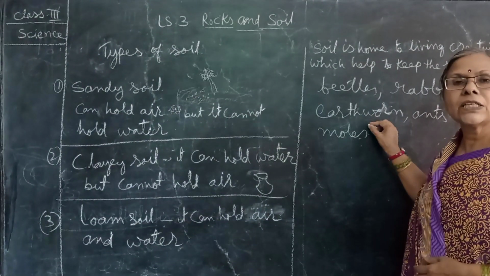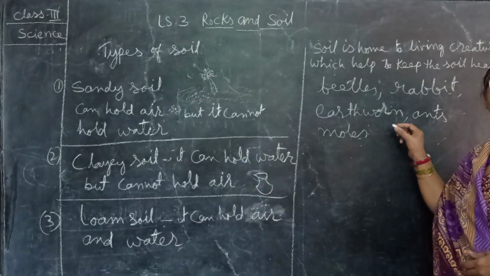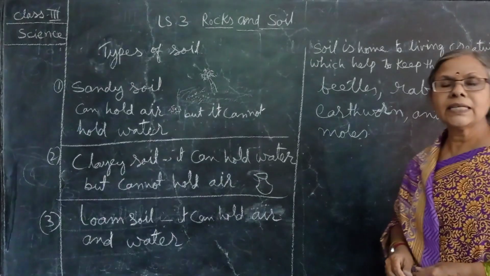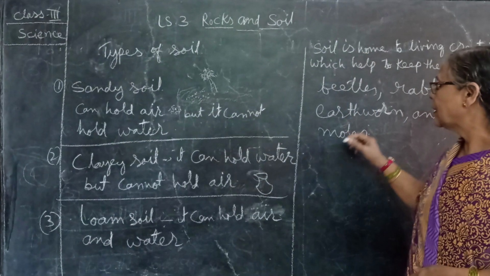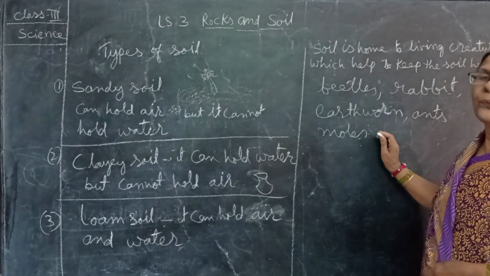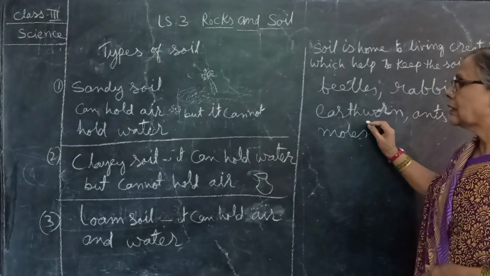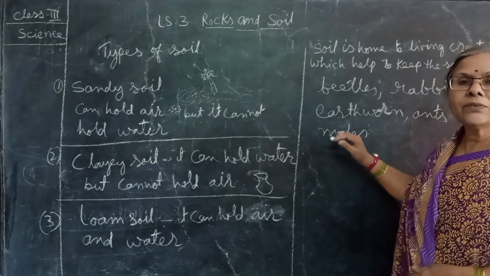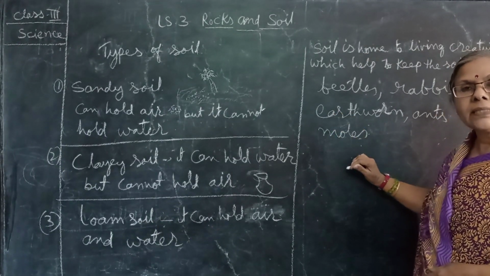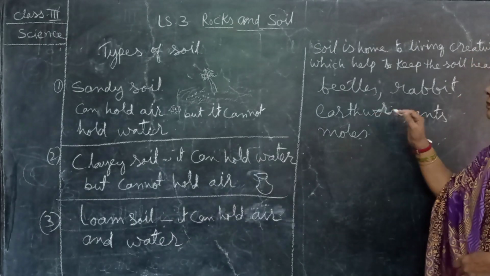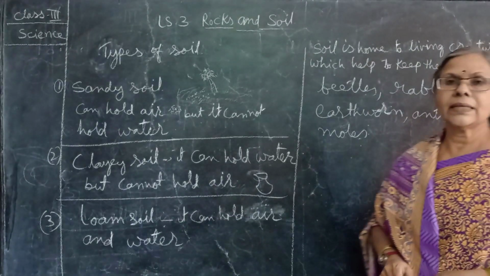These creatures also can breathe air. So all living things need air to breathe in. When they make way, air can enter into the soil. The creatures living in this soil can breathe in air.